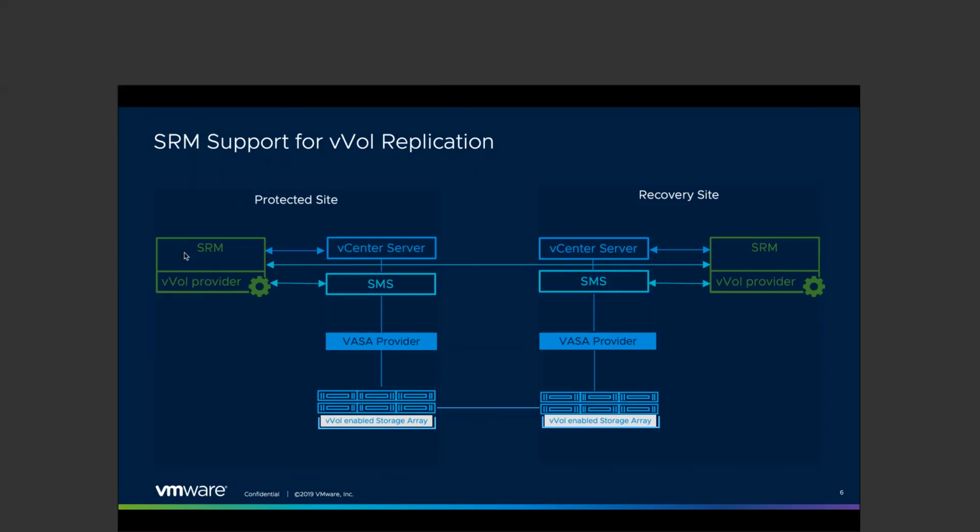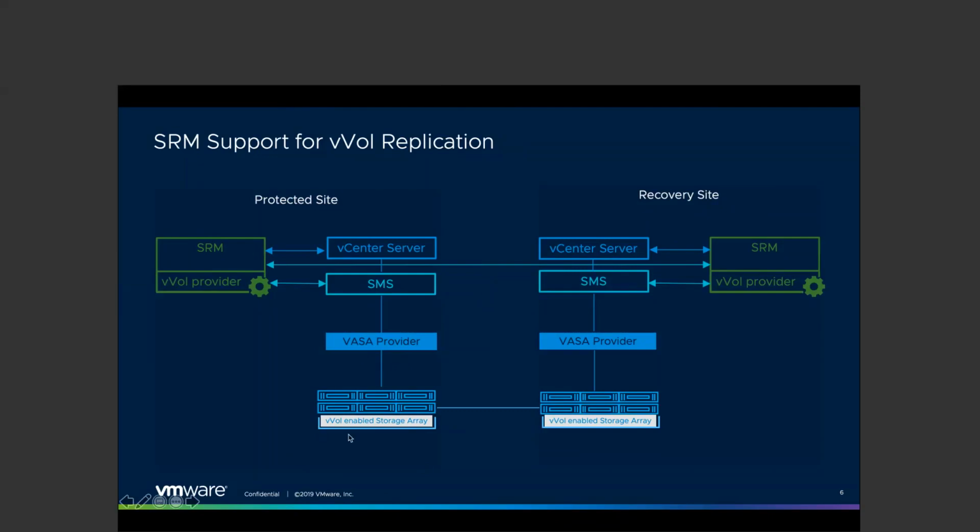Then from the SRM end, you have to install the VASA provider on each SRM server, both at the protected and the recovery side. And the VASA provider is developed by the storage vendor. So for Pure, this is the Pure VASA provider. They developed the provider. And from the HP perspective as well, there are separate ones for 3PAR and Nimble.